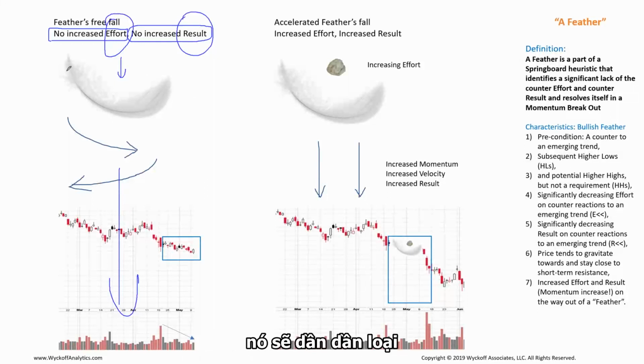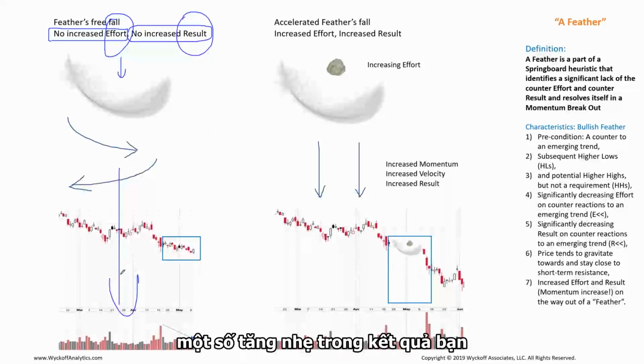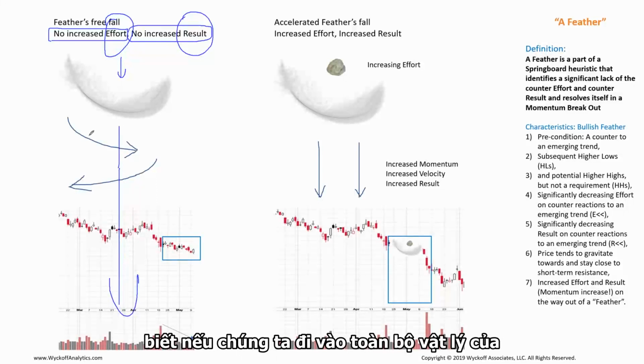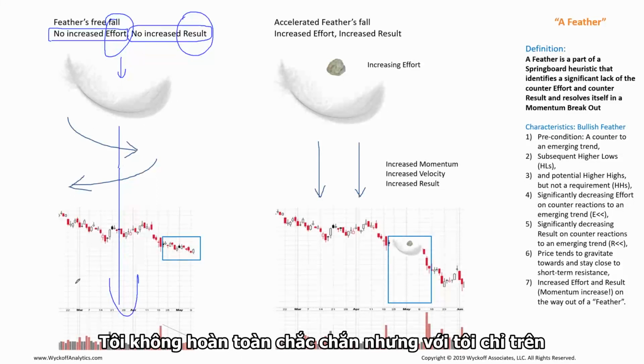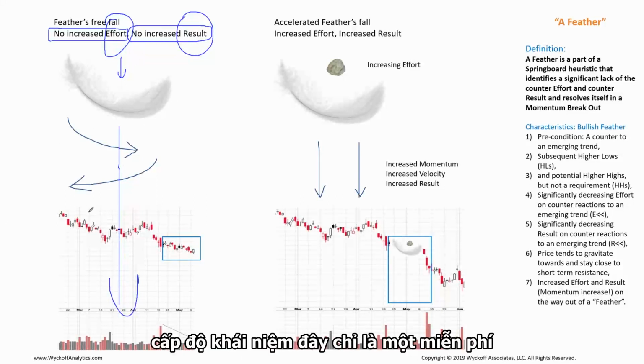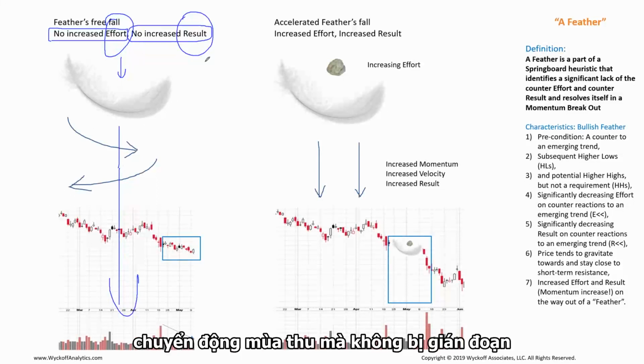It's just going to gradually go down, down, down. There might be some slight increase in the result, if we go into the whole physics of this thing. I'm not quite sure, but to me, just on the conceptual level, this is just a free fall movement without interruption.